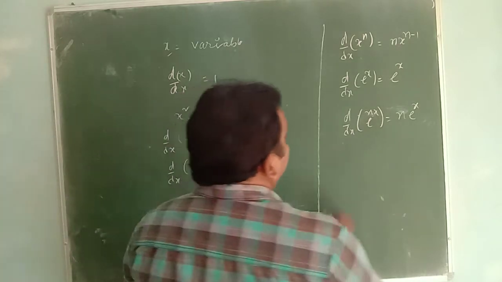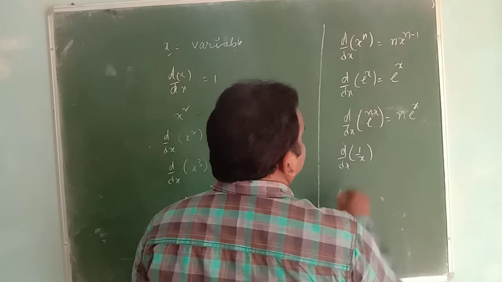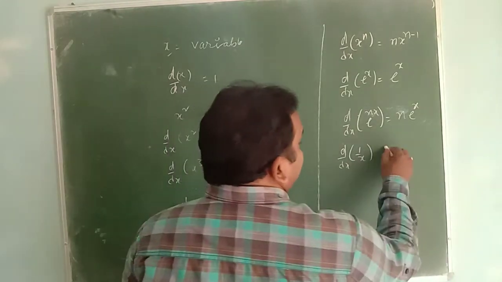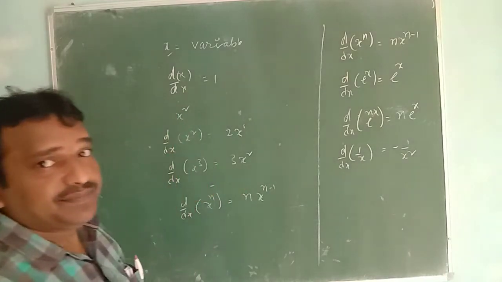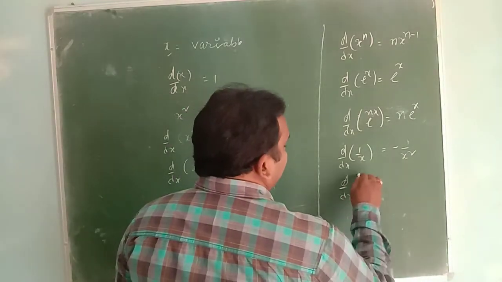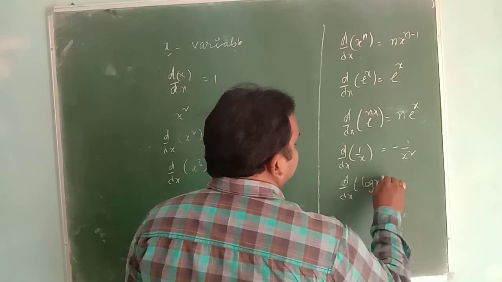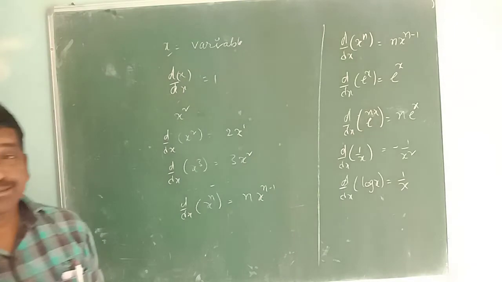Next, derivative of 1 by x is equals to minus 1 by x square. Derivative of log x is equals to 1 by x.